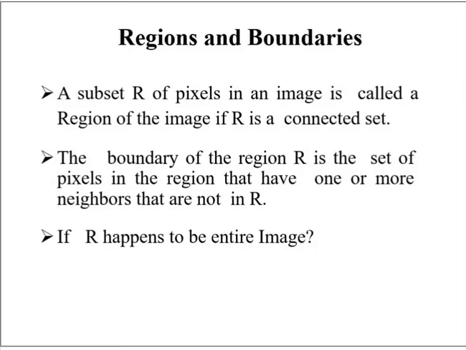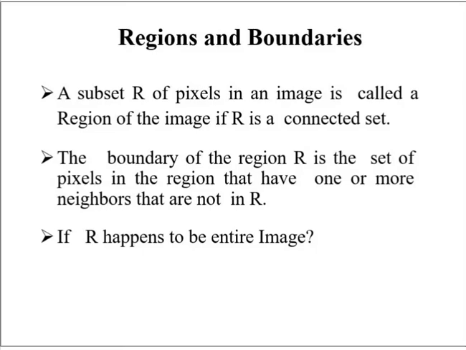Normally, when we refer to a region, we are referring to a subset of an image, and any pixels in the boundary of the region that happen to coincide with the border of the image are included implicitly as part of the region boundary. Then the next one is the distance measure.